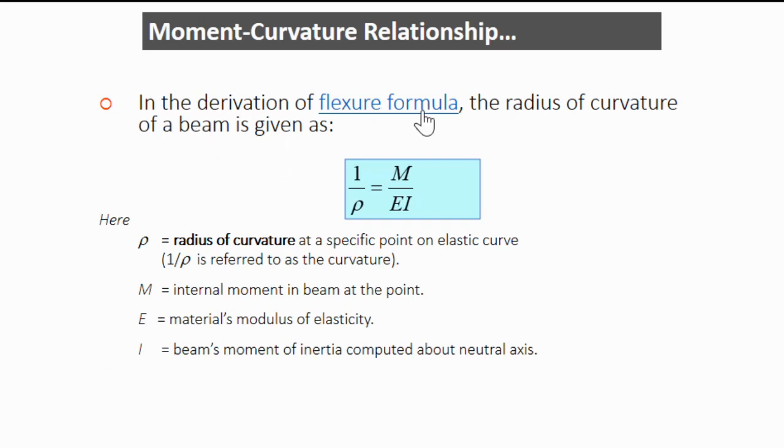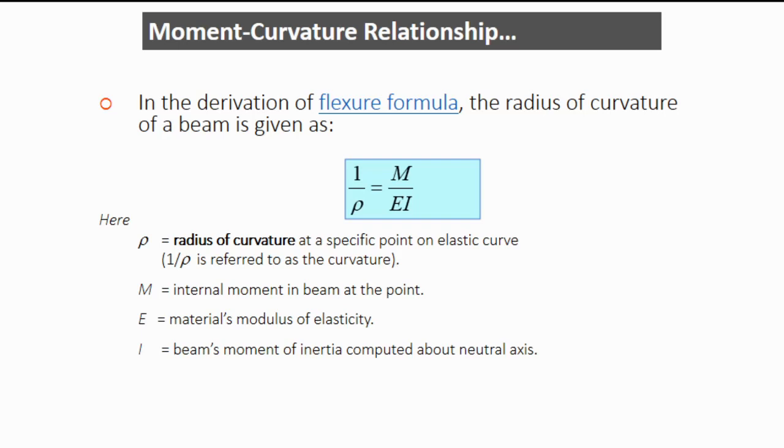In the derivation of the flexural formula, chapter 14 of your text, the radius of curvature of a beam is given as 1/rho = M/EI. This formula you can get by combining equation 14.2 and equation 14.5 of your text.